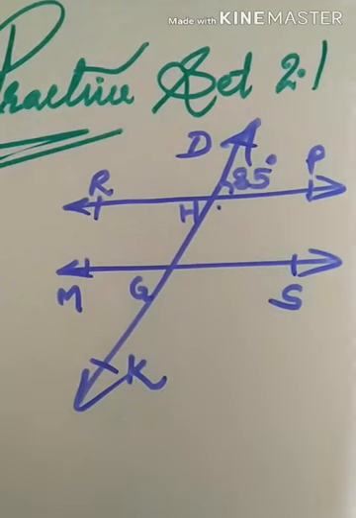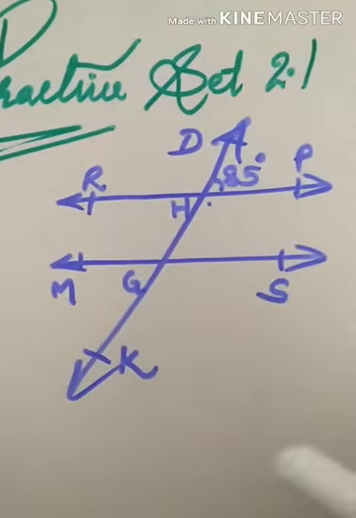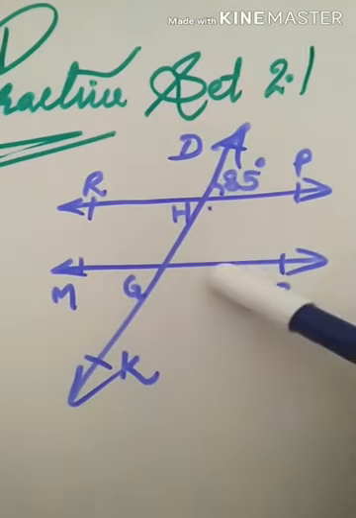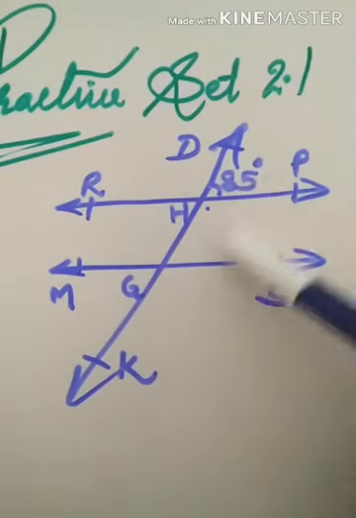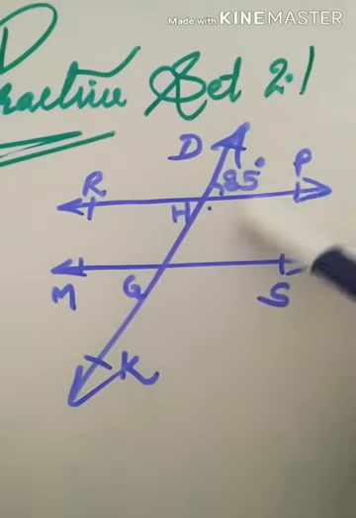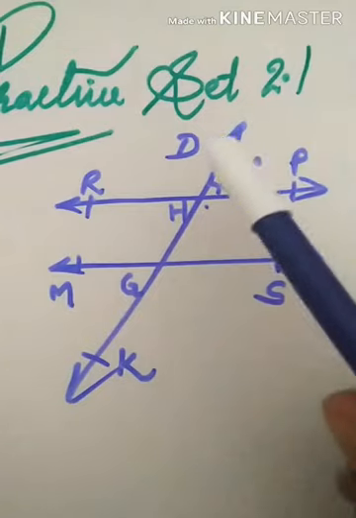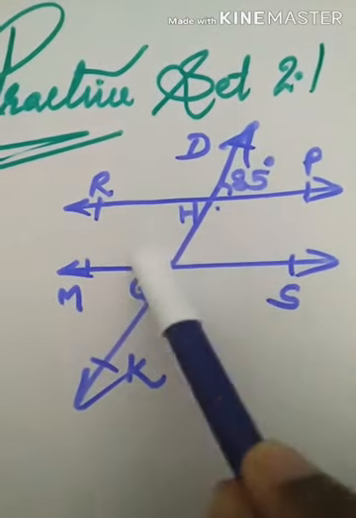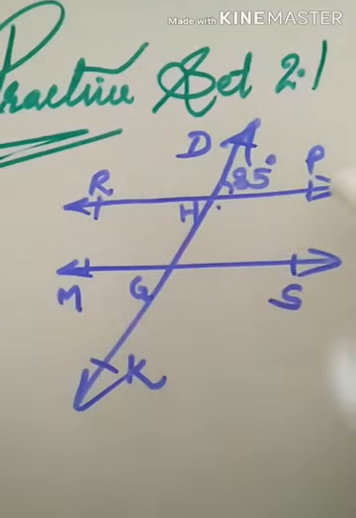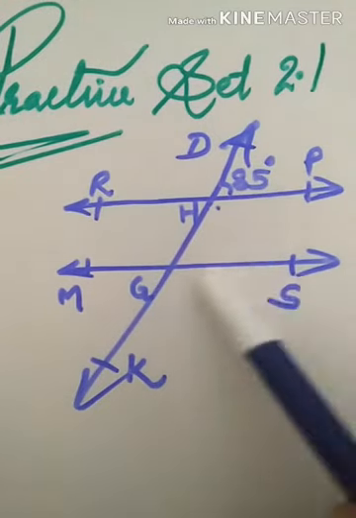Remember, my dear students, we have learnt that if the lines are intersecting, we saw the names of corresponding angles, alternate angles and interior angles. But here, these two lines are parallel. When two lines are parallel, as you learnt in 8th standard, the corresponding angles are congruent, the alternate angles are also congruent, and the interior angles are supplementary.